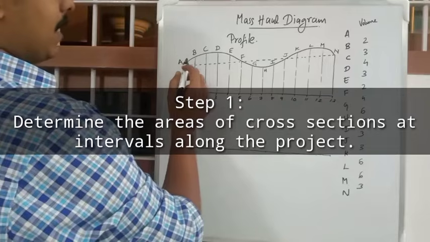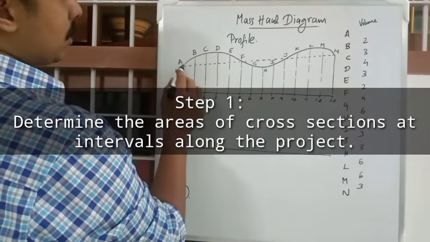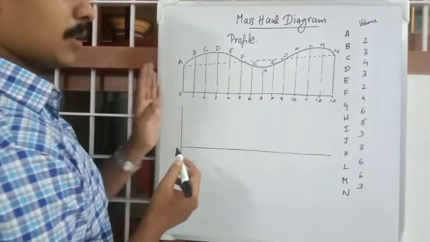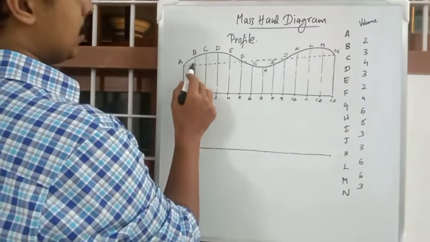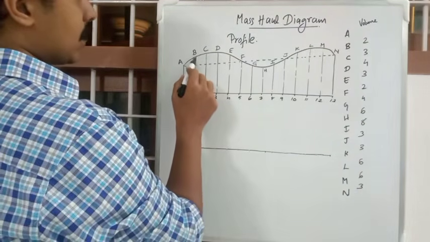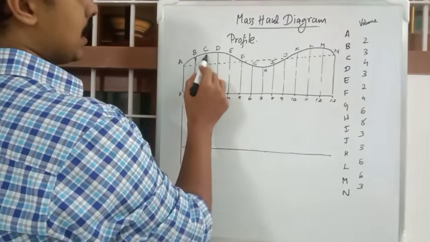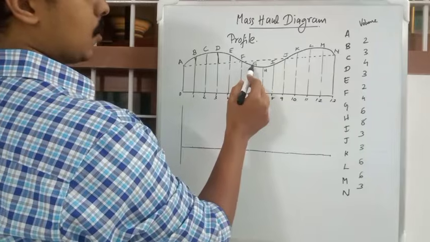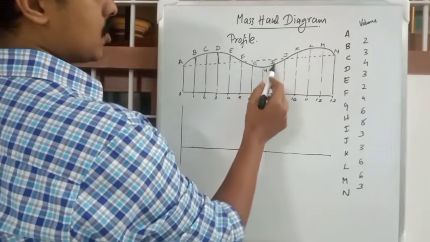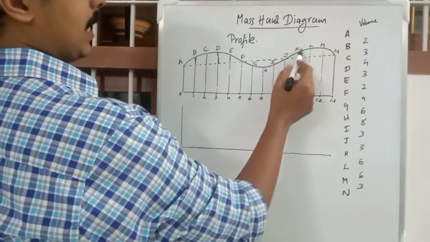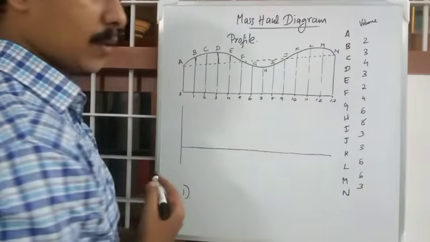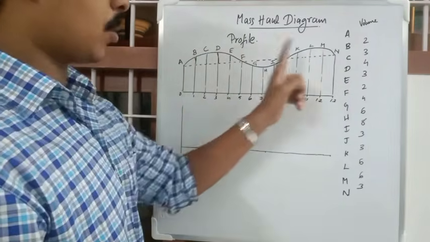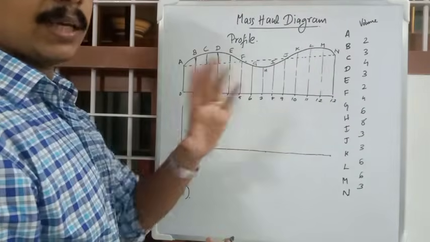There is no cross section at A. Calculate the cross sections at B, C, D, E, F is 0, G, H, I, J, K, L, M, etc. Calculate the area of each cross section that is to be cut.